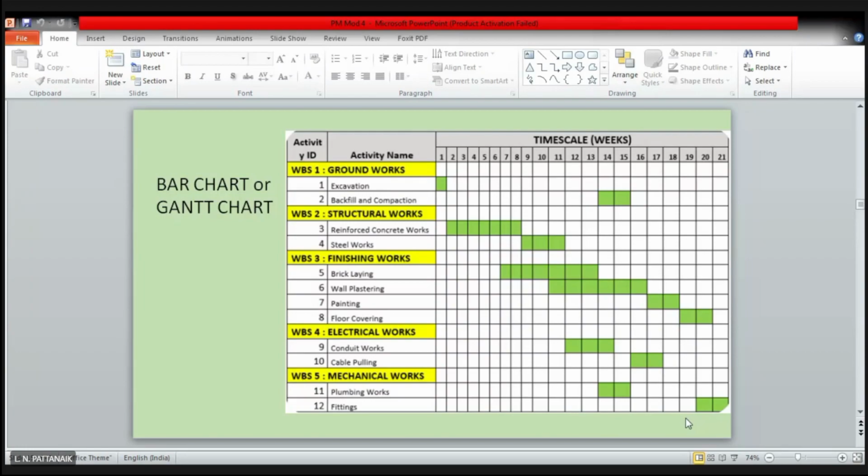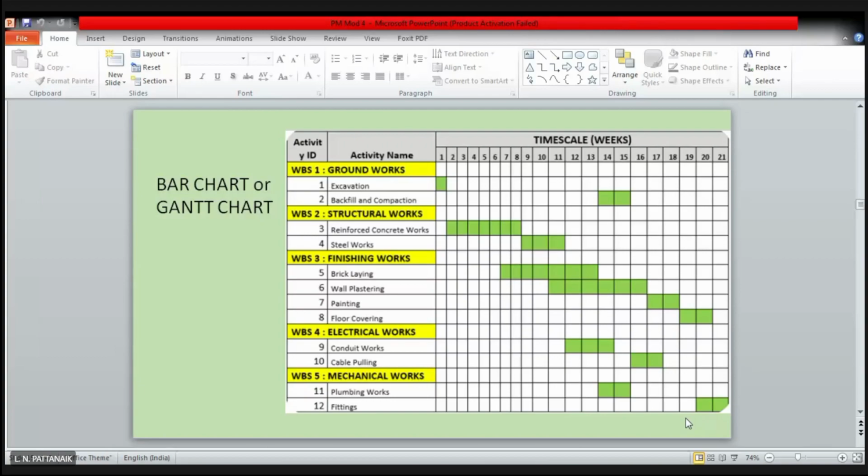You can look into this chart in a detailed manner and you can see which are the activities happening simultaneously, right? And what kind of resources you need when you are carrying out these simultaneous activities, because you need to do all the multiple activities simultaneously. So according to that, you have to plan, right? You can see what are the time periods in which you are in a lean period.